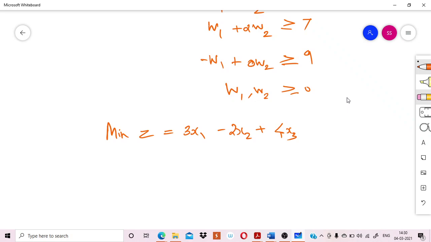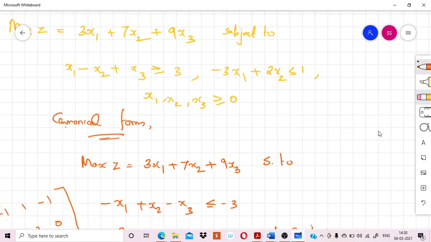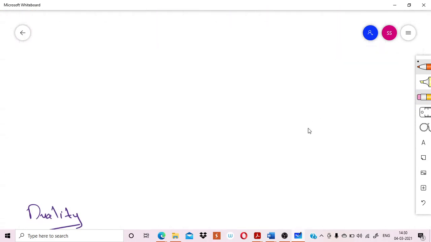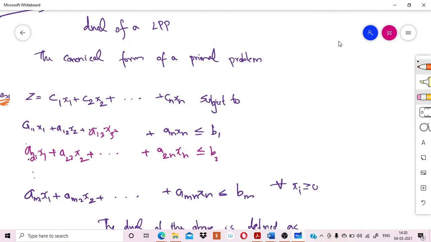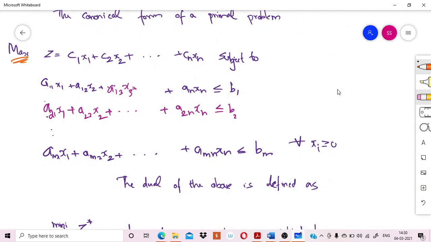So how to find out is, first of all you should know how this canonical form of primal problem got changed in the case of minimization Z. In that case, all this less than or equal to becomes greater than or equal to.